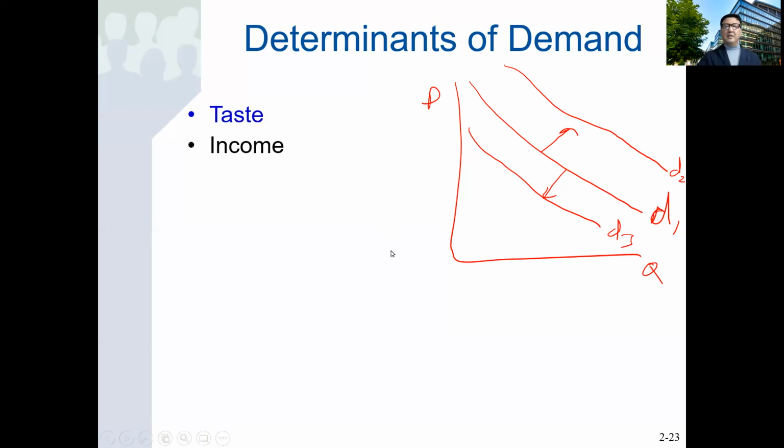So as income increases, in most consumer cases, the demand will increase as well. And as income decreases, the demand for orange juice decreases. It goes to D3, for normal goods.